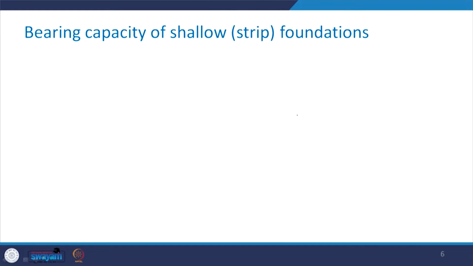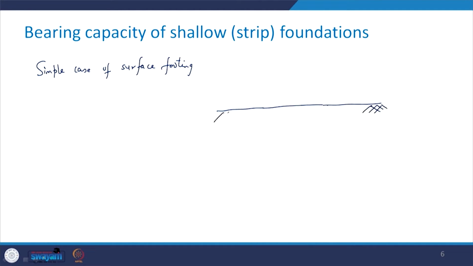So let us now take a very simple case of a strip foundation which is resting on surface only. Let us take the case of surface footing. So say here you have the ground surface, and since I am considering a theoretical case of a surface footing, this is how the footing is going to look like.